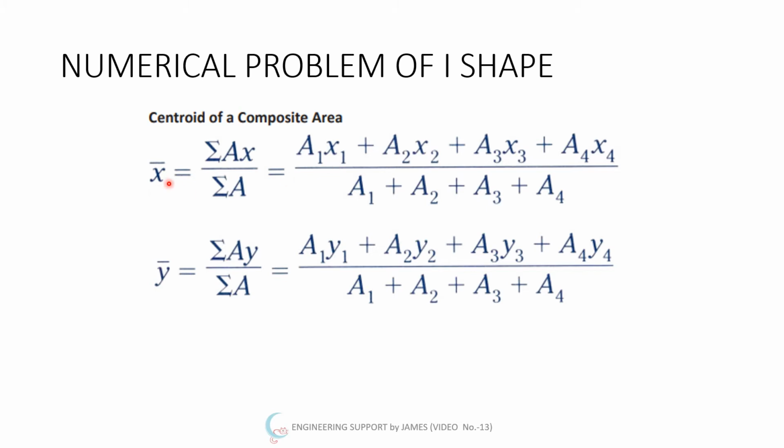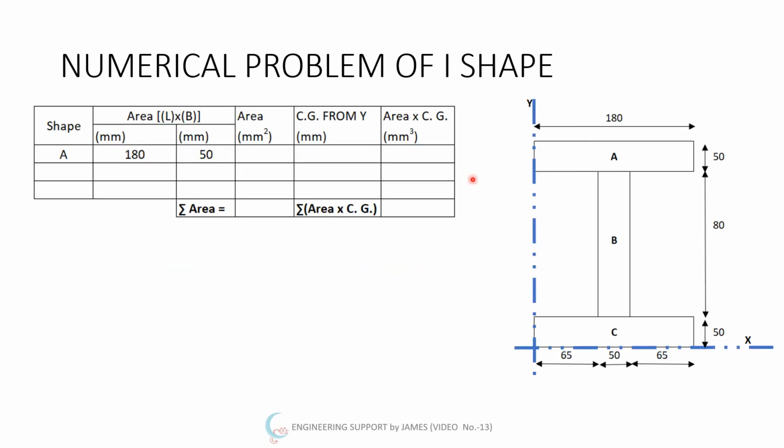X bar means summation of area moment, area multiplied by the distance, divided by the total area, which will give you x bar in the x direction, and in the y direction it will be y bar. So this is our problem. Y is vertical, next is horizontal.